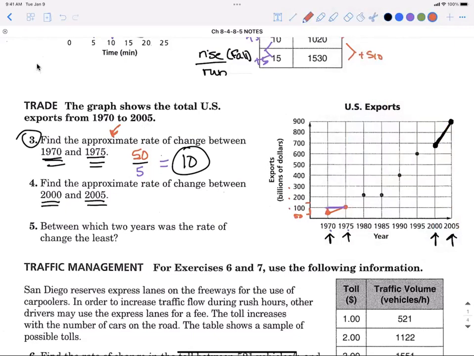And we want to know the rise over the run. The rise was from 700 to 900, and that was a rise of 200. And then we want to know our run. And again, our run was from 2000 to 2005, which was 5. So our run here was 5.